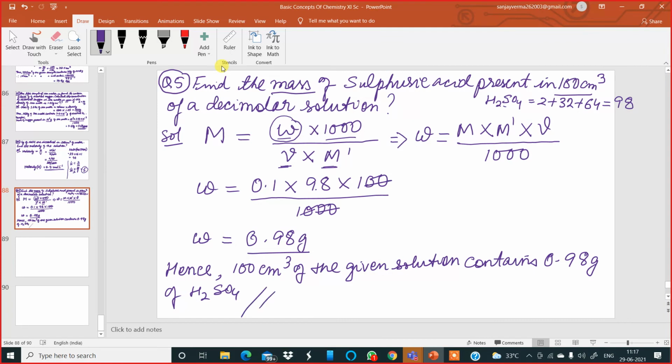Answer is there. So this was question number 5, a problem based on molarity. So far so good.